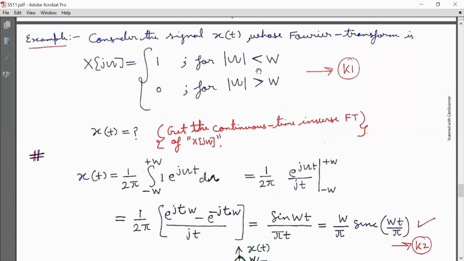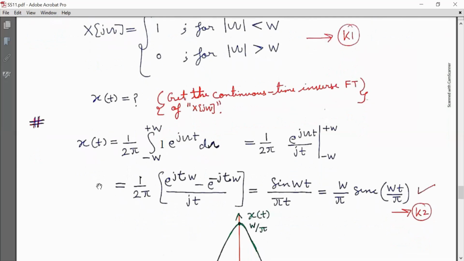Now this is based on the given condition, and simplifying it using the conventional integration procedure, I can get x(t) is equal to 1 by 2π times (e^(jtW) minus e^(minus jtW)) by jt, and that is equal to sin(Wt) by πt. Now I can express x(t) in terms of the sinc function as W by π into sinc(Wt by π). This is equation K2.